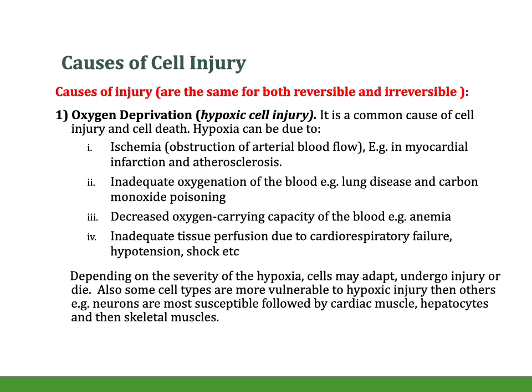Okay, hypoxia is when there is decreased oxygen supply to a cell or a tissue or an organ, and there are different ways by which a cell may have decreased oxygen.